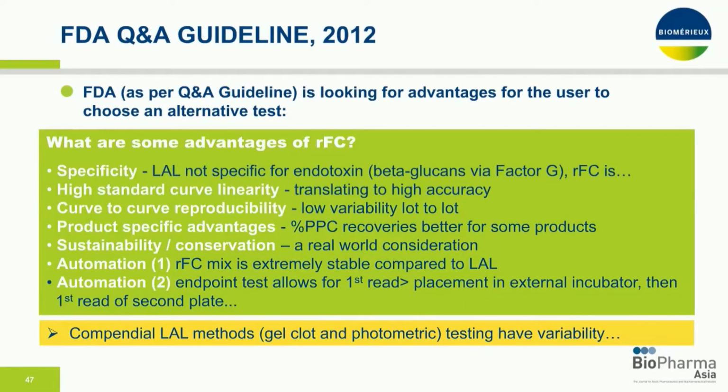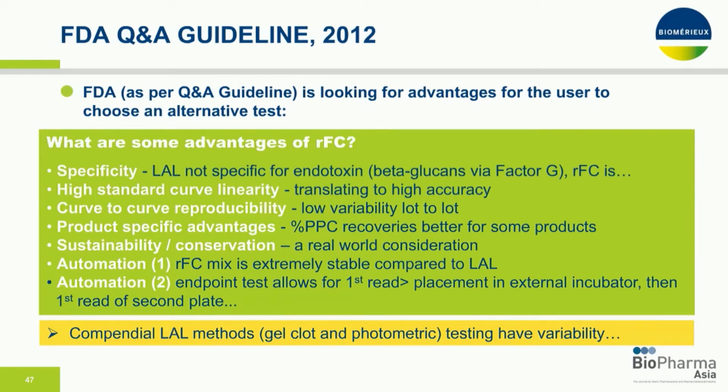The FDA says that they're looking for advantages, so the user should be aware of what the advantages are. And there are many advantages we can go through. The specificity, if beta-glucans are a problem, we saw in the previous slide how RSC takes away the factor G, so you can't detect glucans in these tests. So specificity is more specific for RSC.